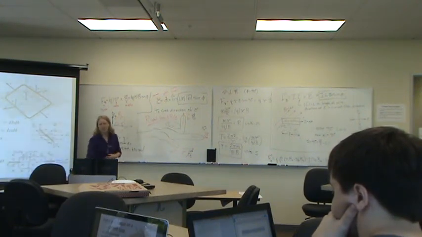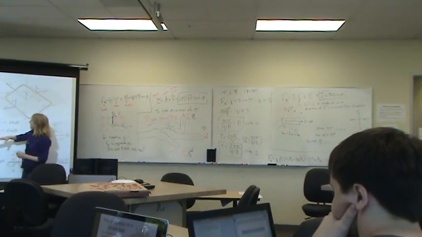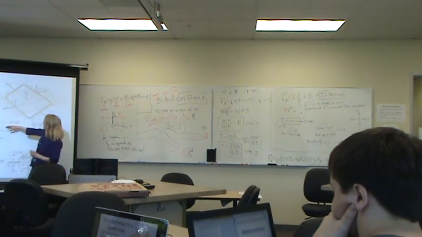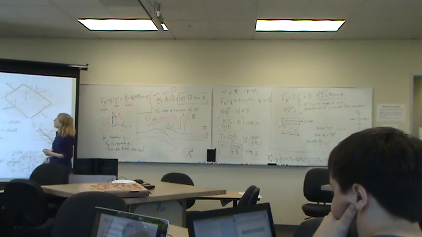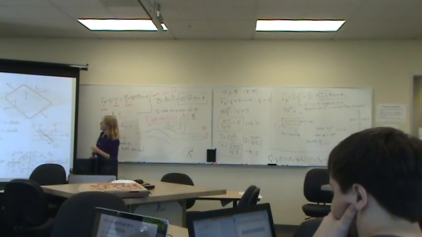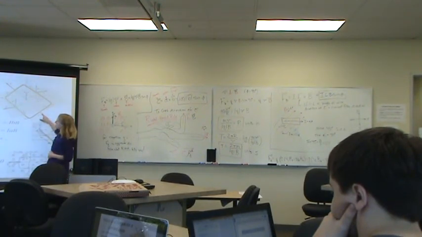So I'm developing all of our equations here. As I said, I think F2 and F4, we can calculate those forces. Those are the ones on the sides that don't actually contribute to torque.